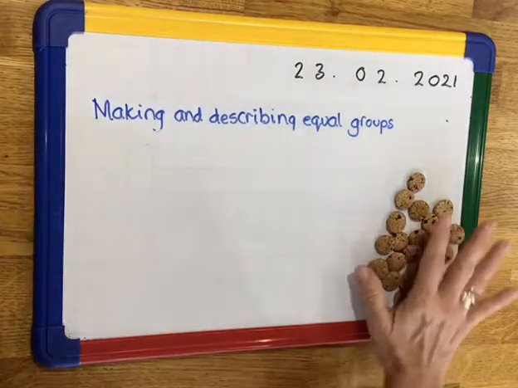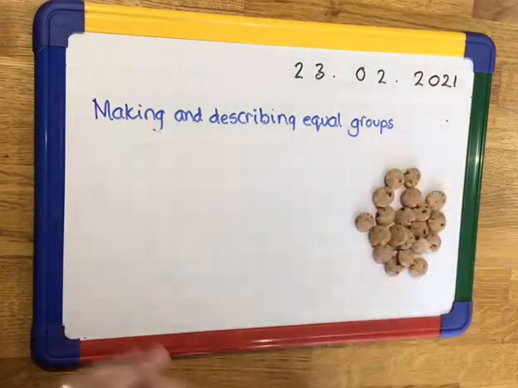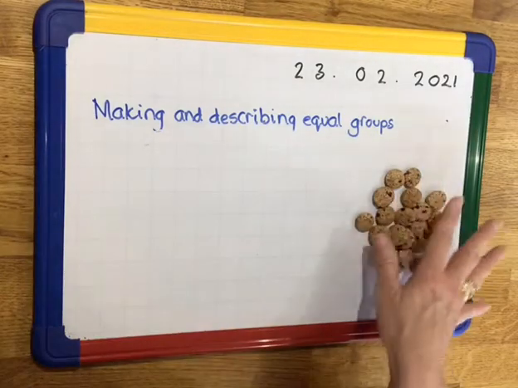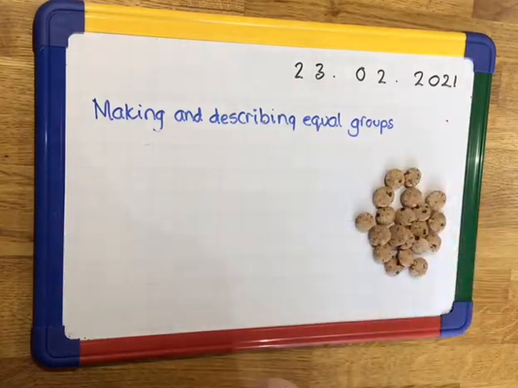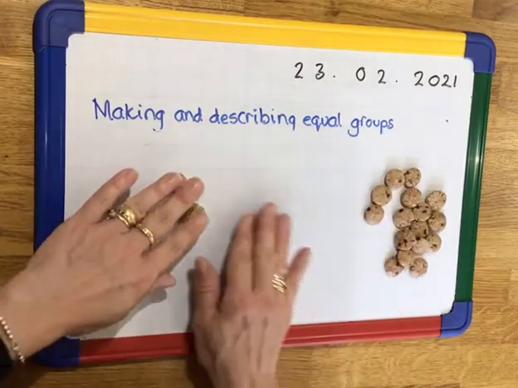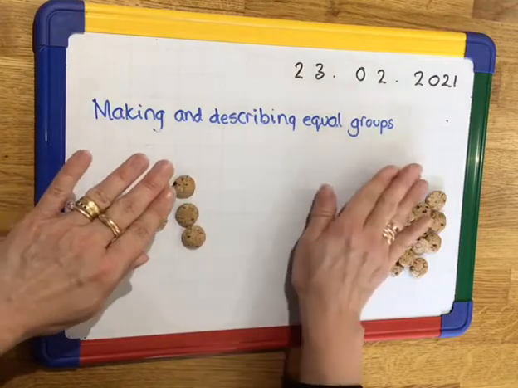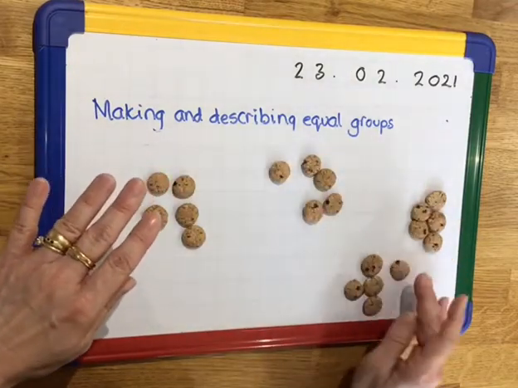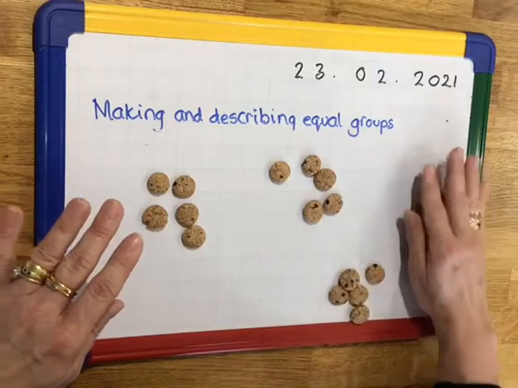I've got 20 pieces of cereal here. In your PDF file it talks about 20 buttons, and we wonder how many equal groups of 5 I could make out of these pieces of cereal. So let's put them into groups of 5. There's 1 group, 2 groups, 3 groups, 4 groups.